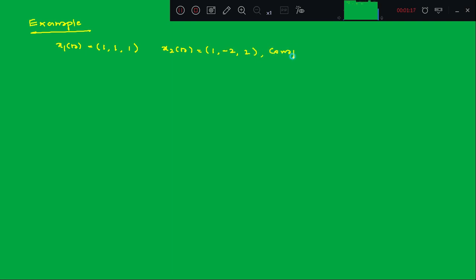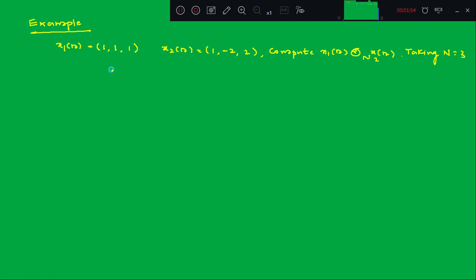Compute x1 of n convolved with x2 of n, taking N equal to 3. You can observe the length of both the sequences is the same, so you can consider N equal to 3. Here let us solve by using the conventional method, that is the time domain method.